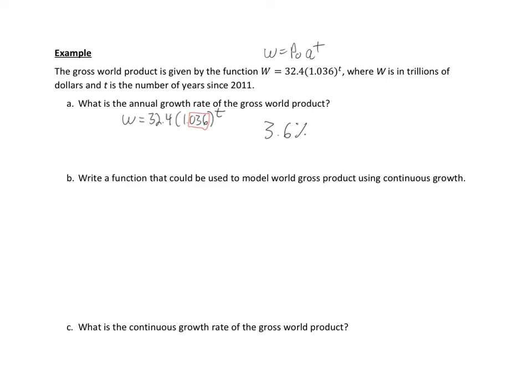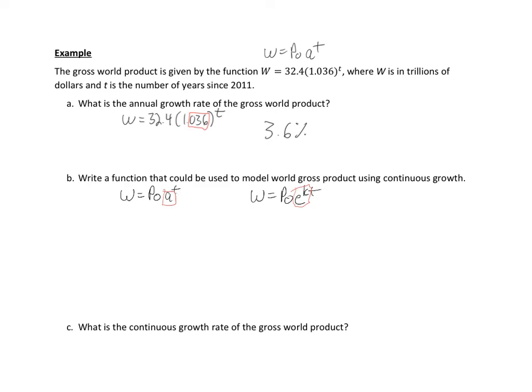Now we're going to switch this annual model and turn it into continuous growth. We know the annual model would be this. In the continuous model, we're going to add in instead e to the kt. So notice A is in the same place as e to the k.